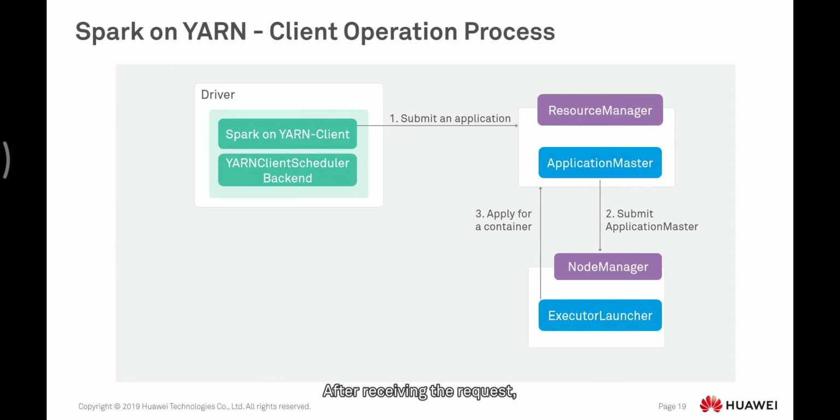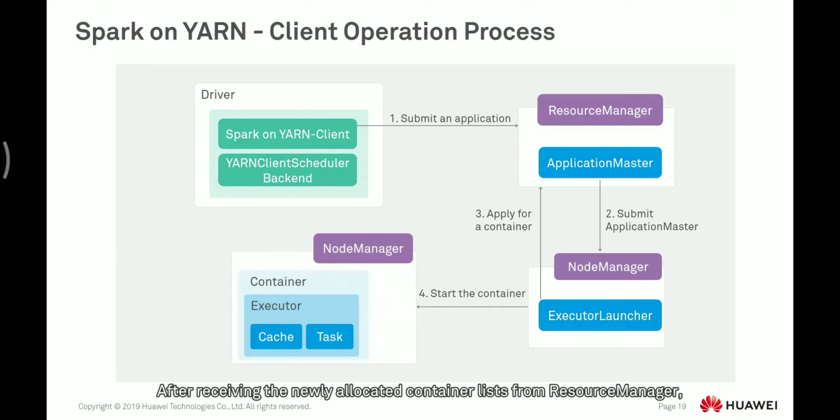After receiving the request, Resource Manager finds a proper node for Application Master and starts it on its node. Application Master is a role in Yarn, and the process name in Spark is Executor Launcher. Based on the resource requirements of each task, Application Master can apply for a series of containers to run tasks from Resource Manager. After receiving the newly allocated container list from Resource Manager, Application Master sends information to the related Node Manager to start the container.